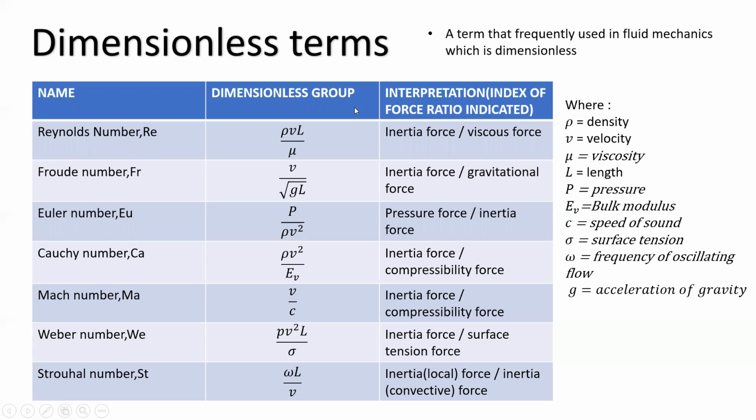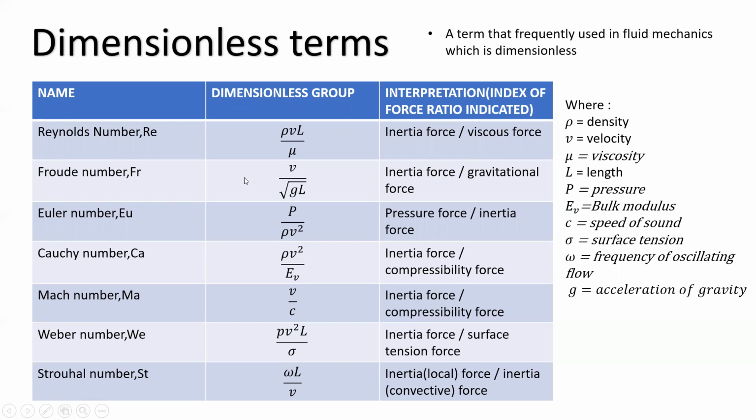The dimensionless group is rho V L over mu, and the index of force ratio indicates inertial force over viscous force. Next, we have the Froude number, Fr. The dimensionless group is V over the square root of gL, meaning inertial force over gravitational force.